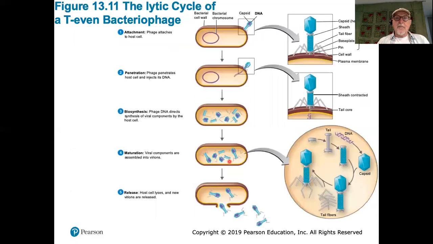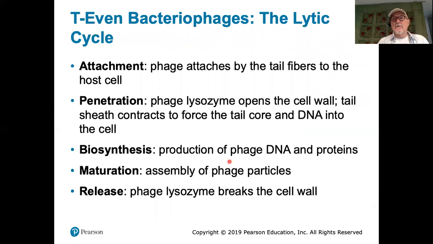I will emphasize that these are all stages which we see in all viruses. Here we're referring specifically to one group of viruses infecting bacteria, but we see the same stages of infection: attachment, penetration, biosynthesis, maturation, assembly of virus, and release of new viral particles.